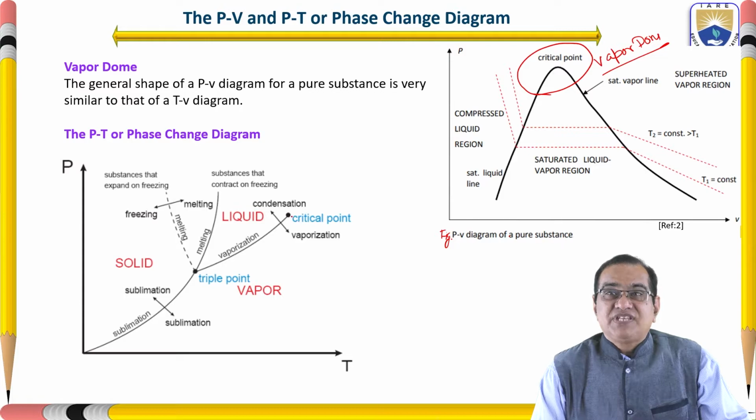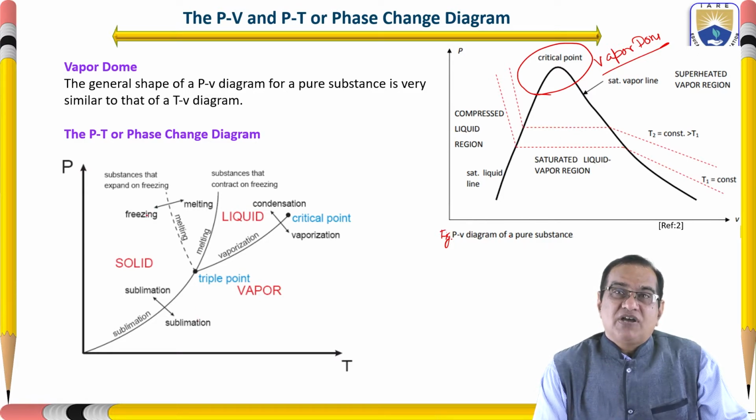Here is the critical point, and this is the triple point. The triple point values of pressure and temperature are very low. If it is vaporized and you go towards the liquid, it is called condensation. From solid to vapor is sublimation.